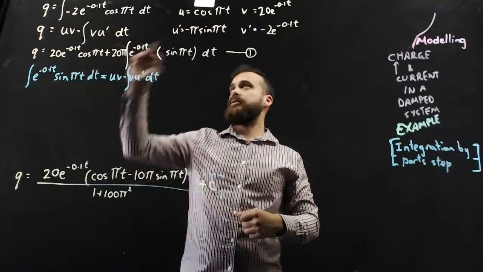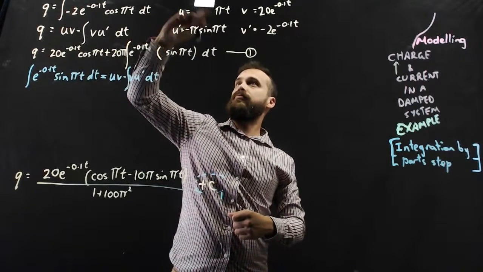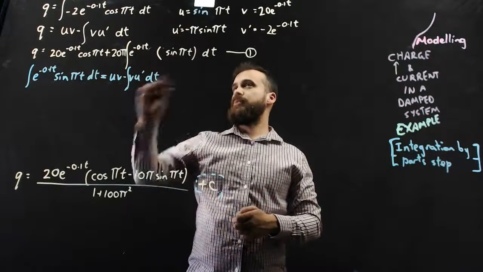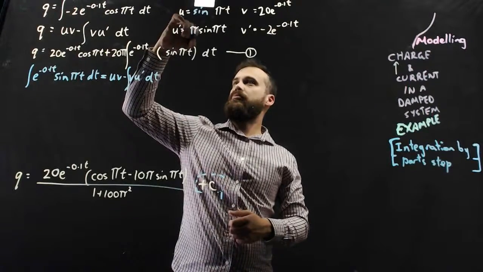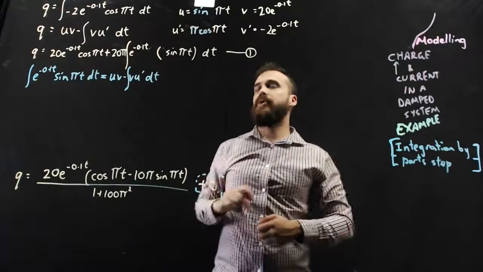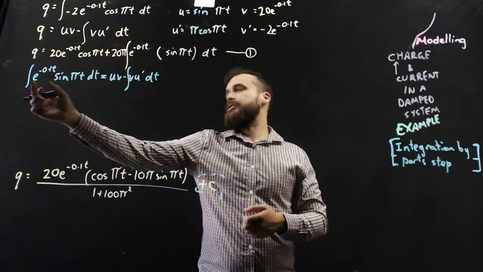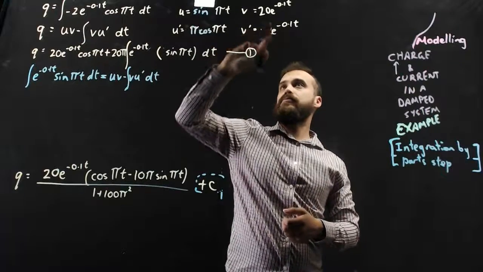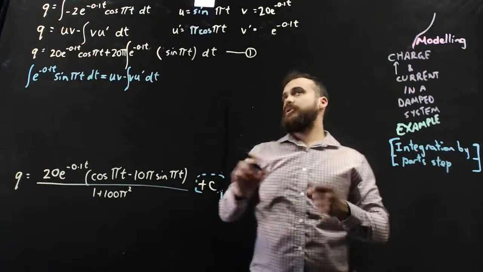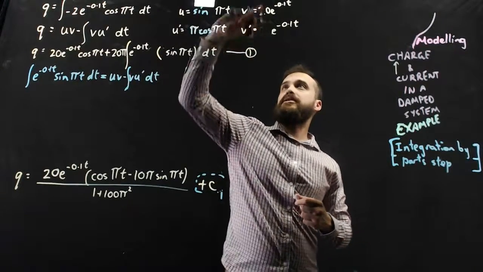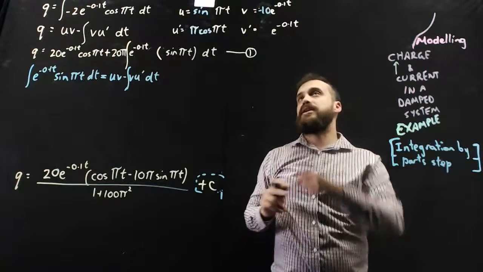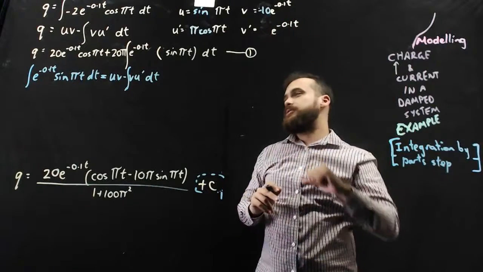Now u is sine pi t, which means that u dash is going to be pi cos pi t. Now v dash is this bit here, which makes it e to the negative 0.1 t, which means that v is going to be negative 10 e to the negative 0.1 t.